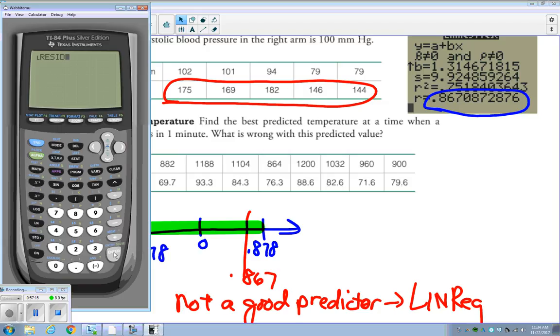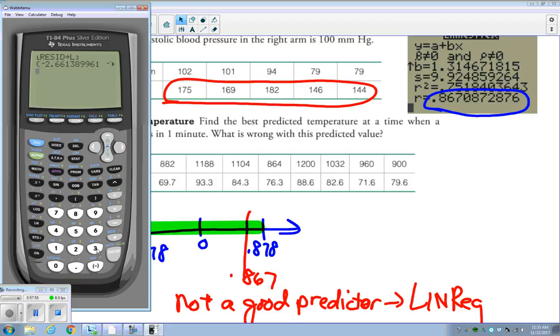Then I'm going to tell the calculator to store those values into my L3 list. So I'm going to hit the button Store. Then second, number 3, because that's L3. Press enter. And all of those differences between the actual data point and the predictor are now stored into L3.